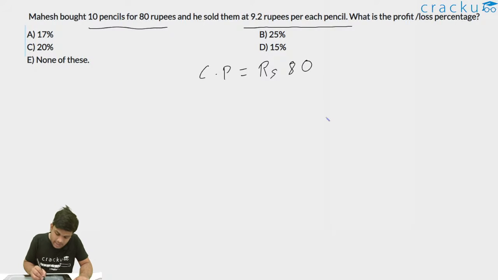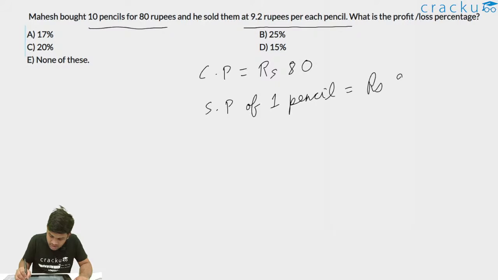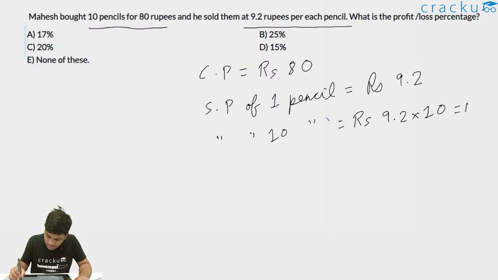Sell price of one pencil is rupees 9.2. So sell price of 10 pencils is rupees 9.2 into 10, which is nothing but rupees 92. So this is the sell price, this is the cost price.